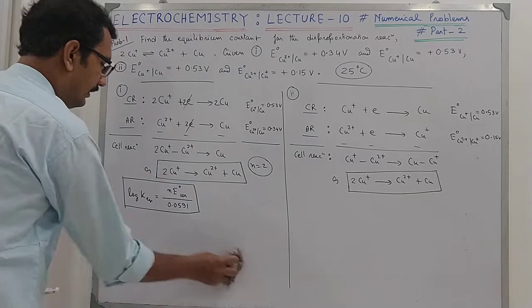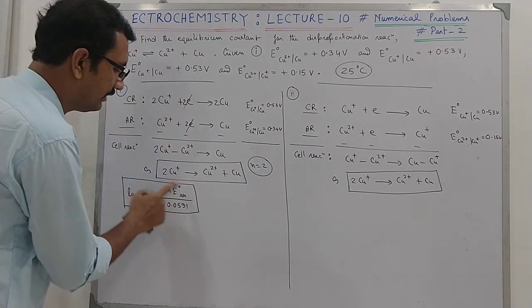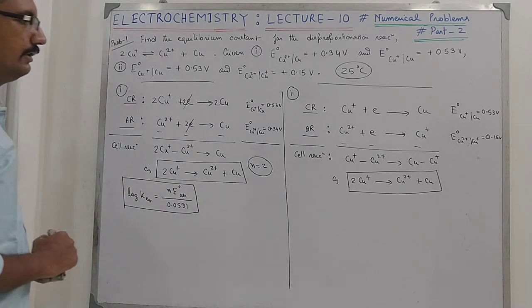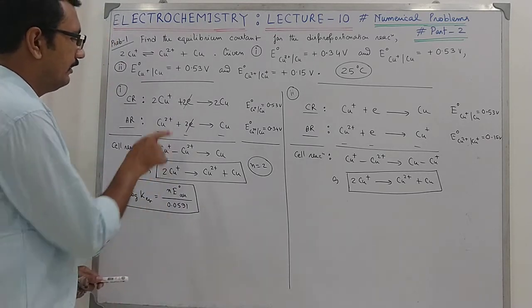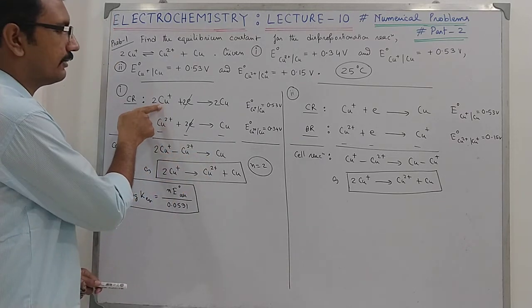Now it is showing you that to have the equilibrium constant, you must know the value of E0 cell. You are getting the cell reaction by subtracting the anode reaction from the cathode reaction.